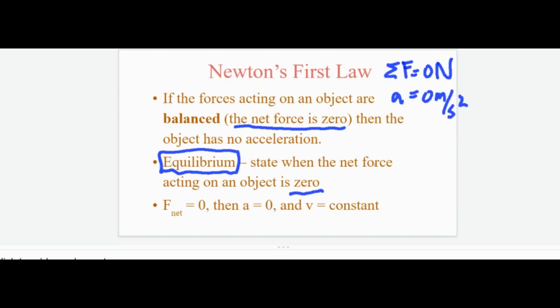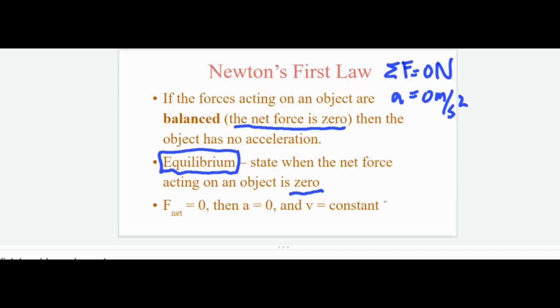So all the forces are equal but oppositely directed, so they cancel each other out and are acting on the same object. Now, the net force or F net is 0 for equilibrium. Then acceleration is 0 meters per second squared, and the velocity is constant. So that's Newton's first law.